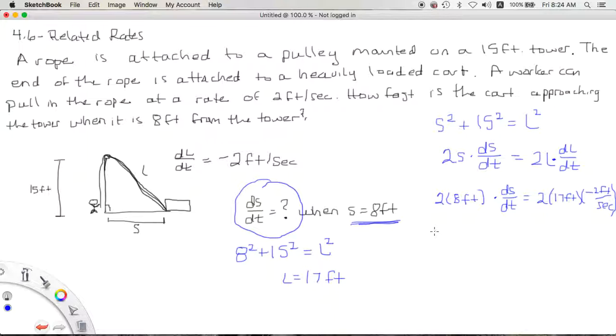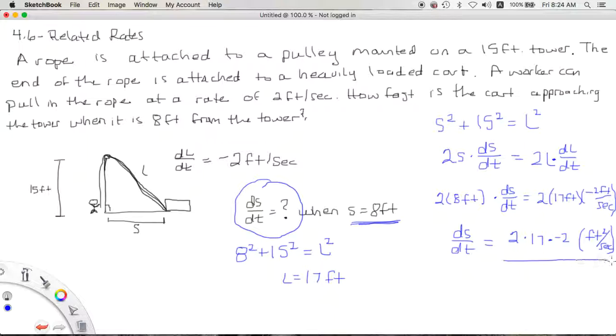Okay, so now we're solving this out. So we have ds/dt equals, we can multiply this. Actually, you know what, let's not multiply this. Let's do this the easy way. So we've got 2 times 17 times negative 2, and that's feet squared per second.